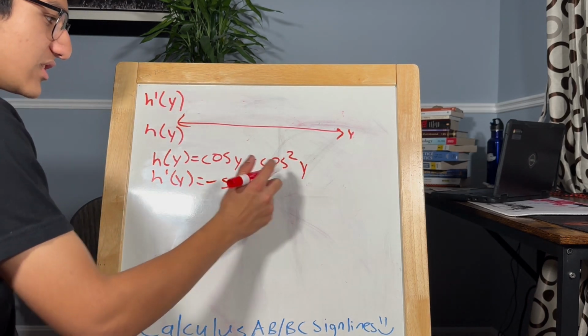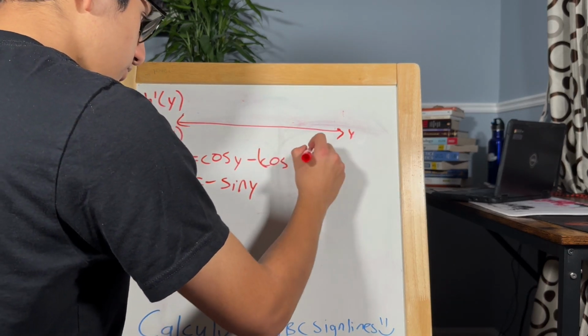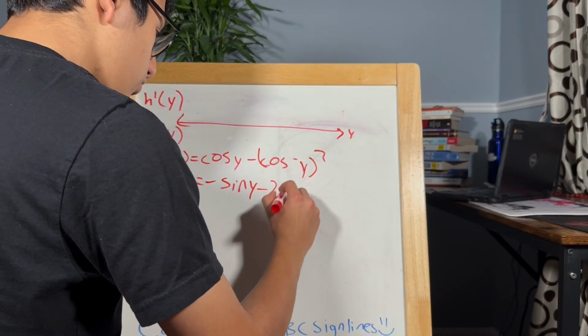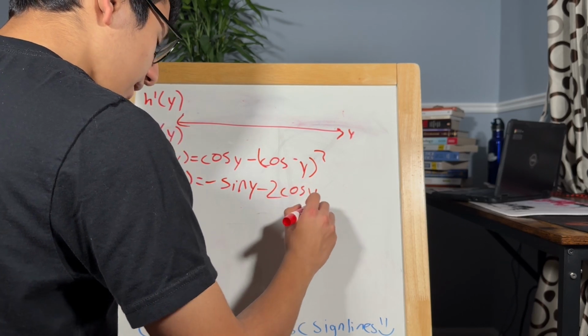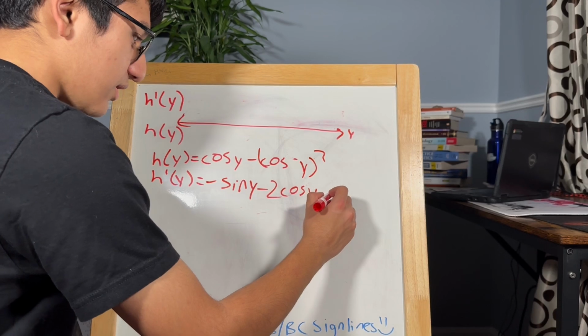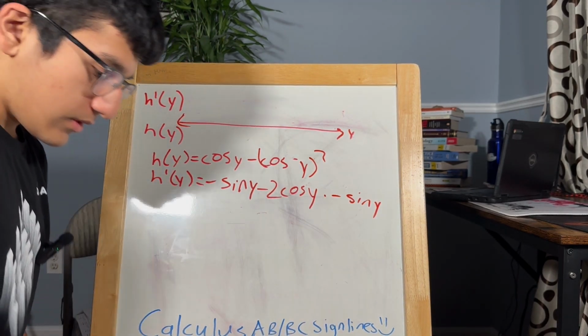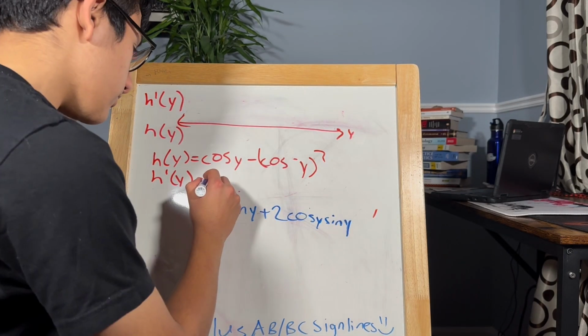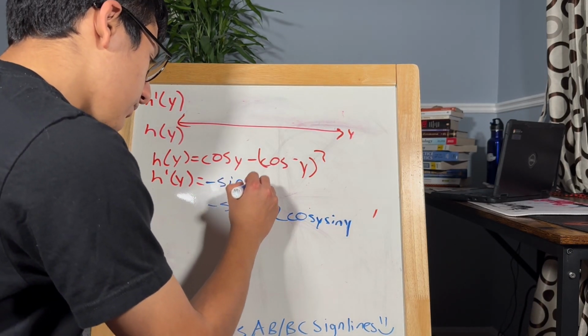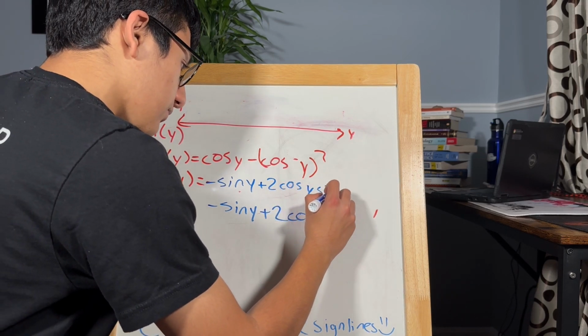And we can think of cosine squared y as cosine y squared, so you can think of it as negative 2 cosine y, then multiply it by the derivative of the inside, so times negative sine y. So that would be negative sine y plus 2 cosine y sine y.